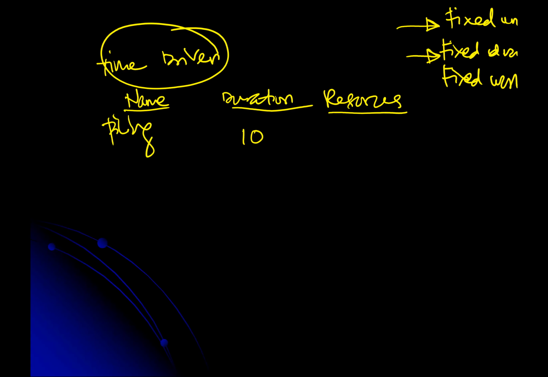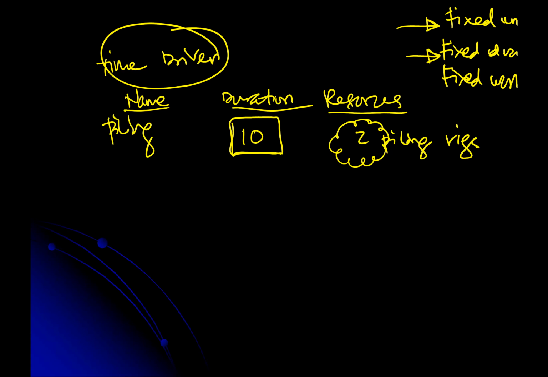Let's say in 10 days, we use 2 piling rigs. That could be the resources. So we fix the duration. We want piling to be completed in 10 days, but then we figure out how many piling rigs are needed in order to meet our objective. So this is what we call time driven, based on time.